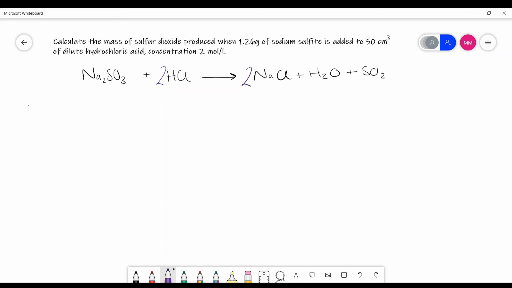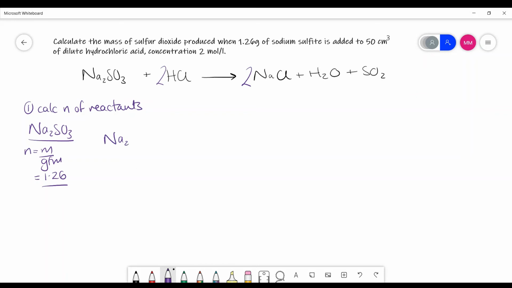Then we go back and we again act like it's an excess question. So our first step is calculating the moles of our reactants. If we start with our sodium sulfite, number of moles equals the mass divided by the gram formula mass. Our mass here is 1.26 grams, and we have to work out the gram formula mass.